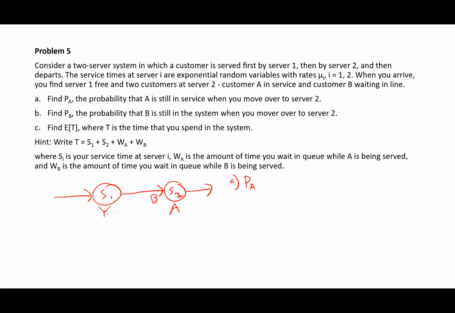I have to finish before A, right? As soon as I finish in server 1 before A is done with server 2, I would simply walk over, okay, and I would actually line up right behind B. And that's really the only case in which I will be waiting for A to finish at server 2.